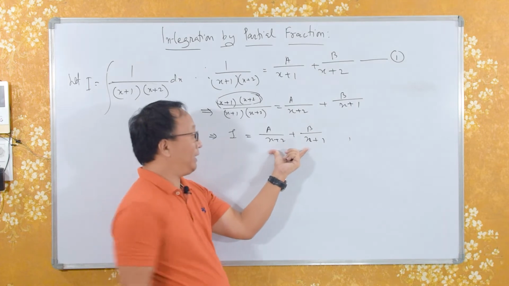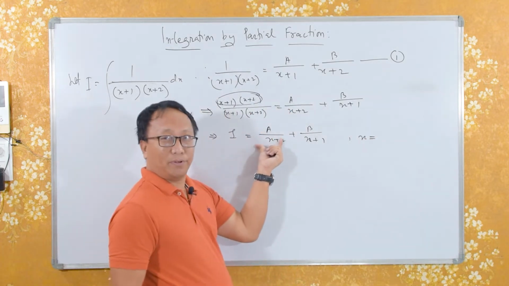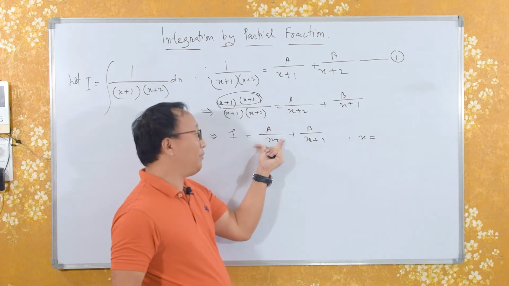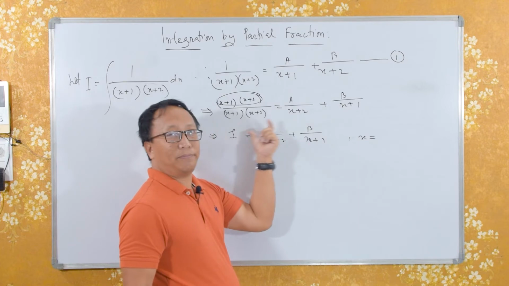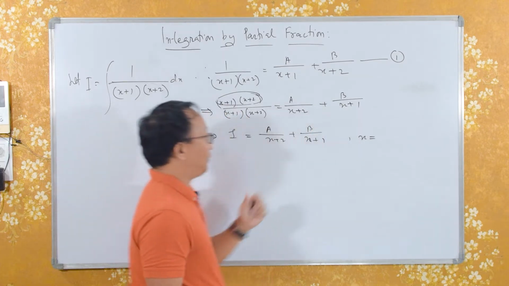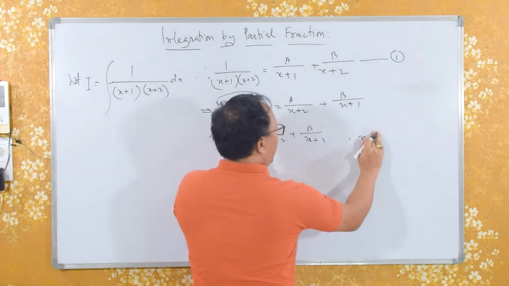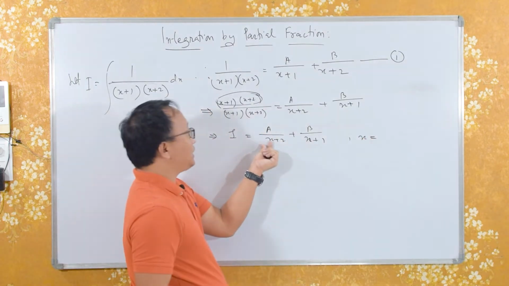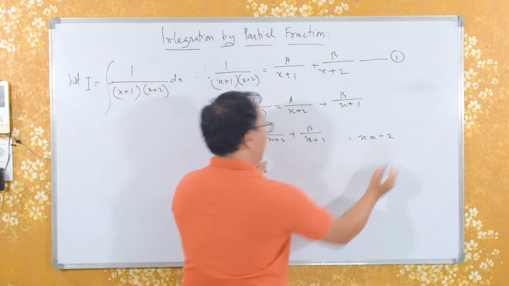What if I put x equal to something, so that some term will get cancelled and I'll be getting the constants A or B. For example, since x plus 2 is over here, if I put x equal to minus 2, let's see.